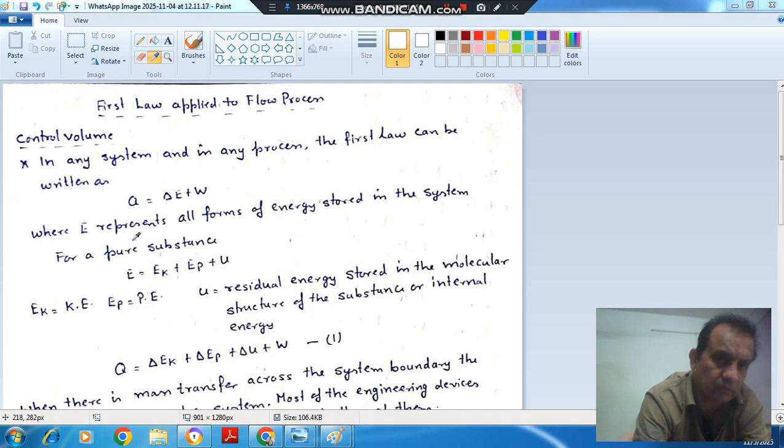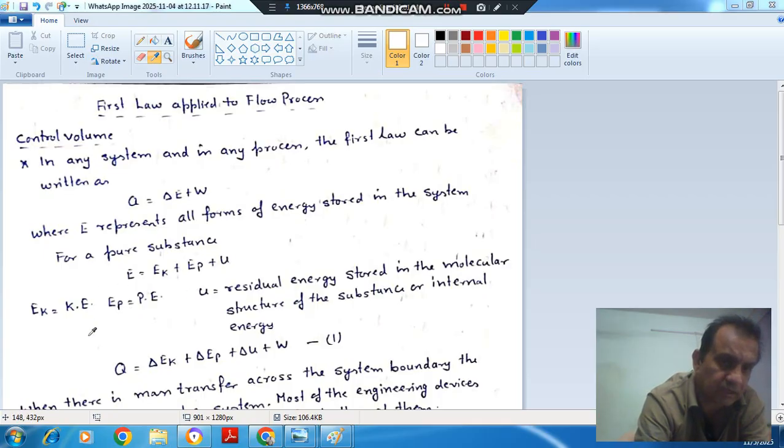In the closed system we neglected the change in kinetic energy and potential energy, because there was no mass transfer, but here we are considering the open system, so there will be change in kinetic energy, change in potential energy, and internal energy will also change as it does in a closed system.